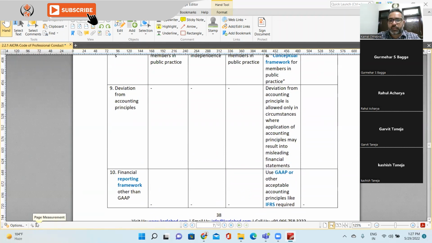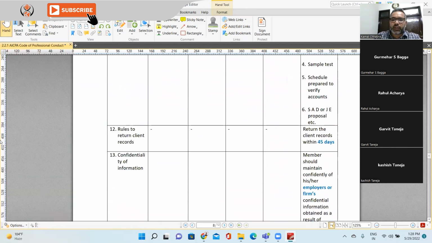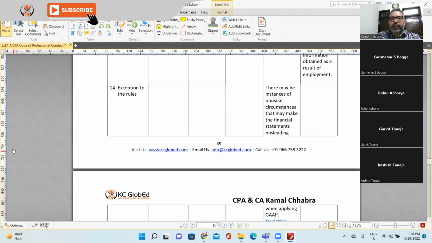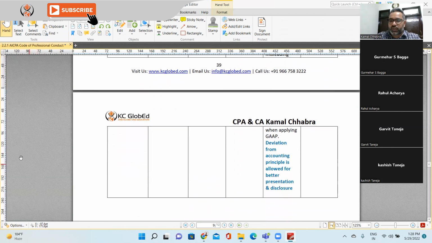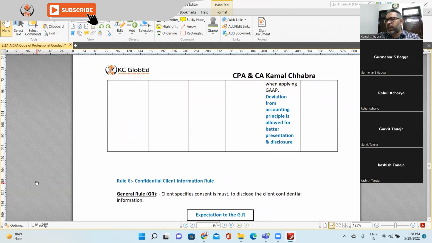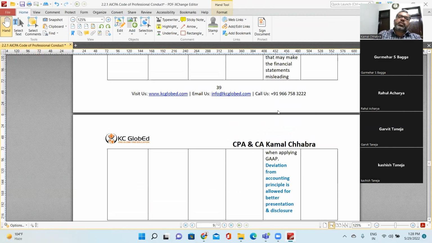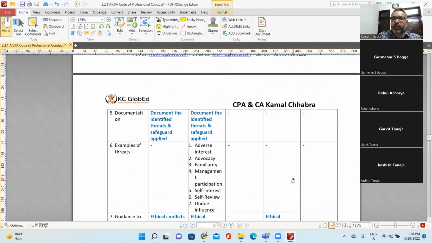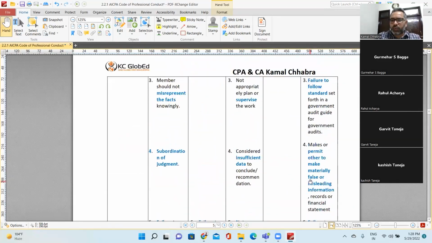Deviation from accounting principle is possible only in two instances: when it is misleading to apply it, and second, when it gives a better and fairer presentation of the financial statements. Only in those scenarios can you deviate from the accounting principle or accounting standard. Other than that, you need to follow accounting standards, right? So these are rules 1, 2, 3, 4, and 5.